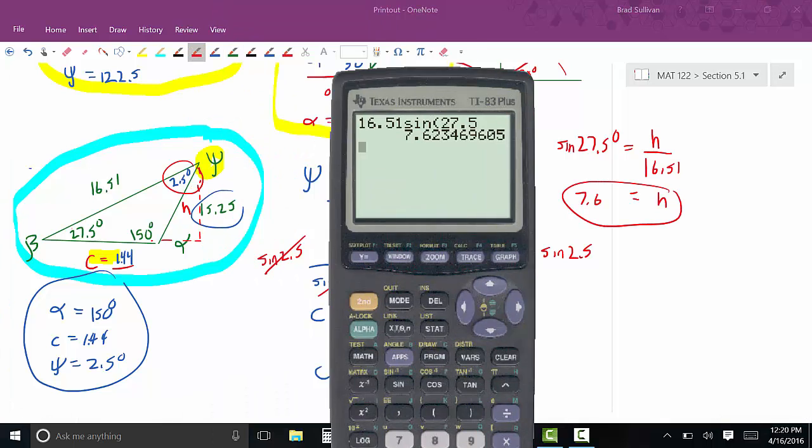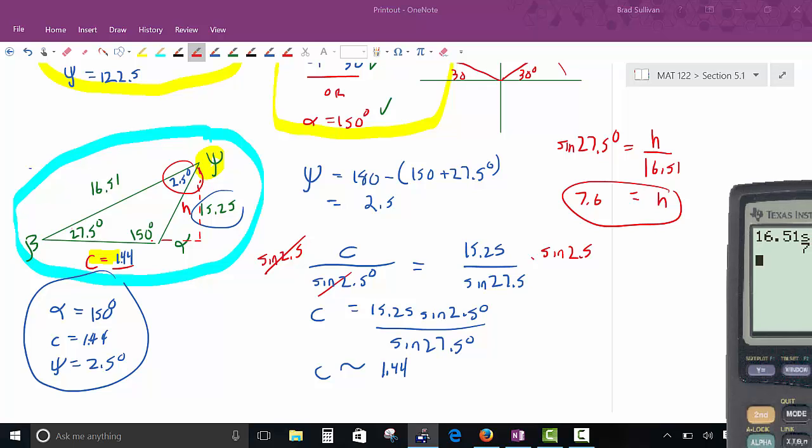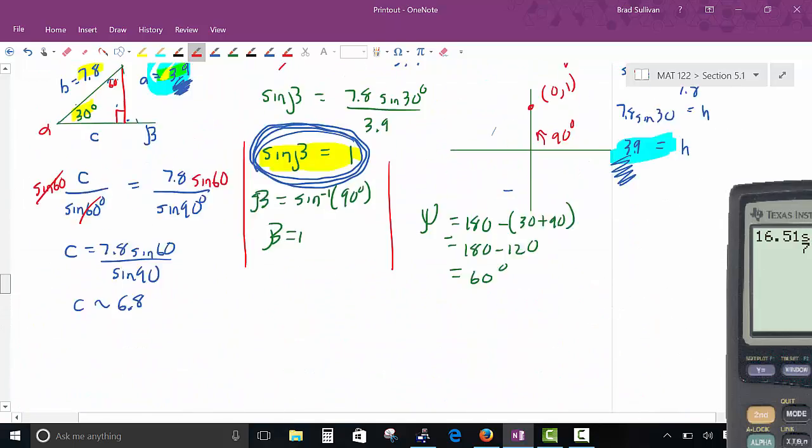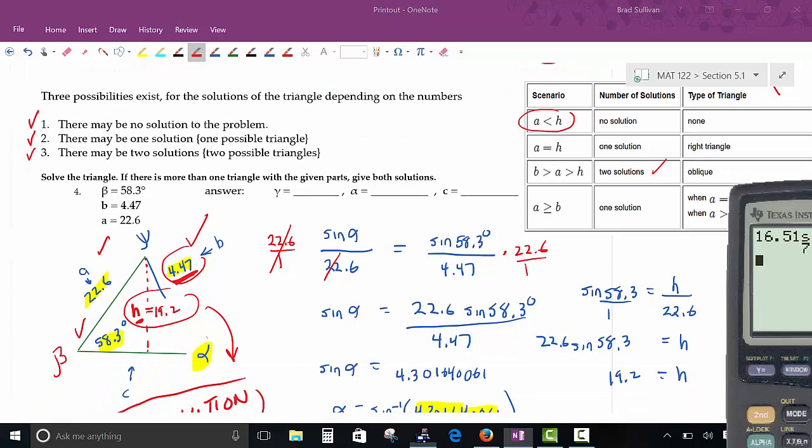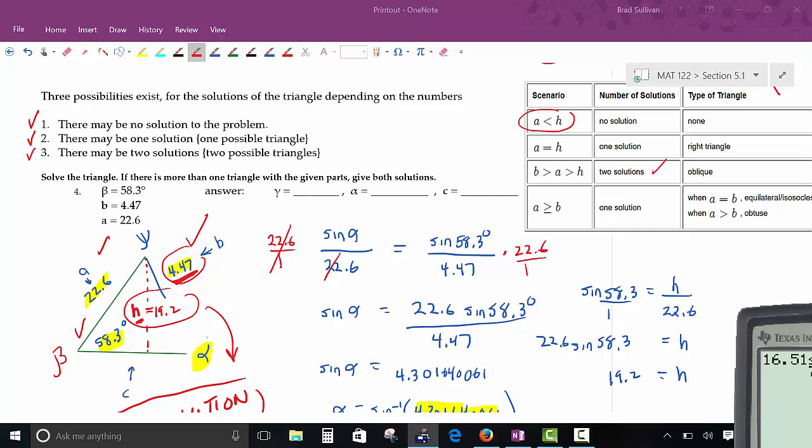So if you compare that to A and B, in this problem again, side A was given as 16.51, side B was given as 15.25, so you're going to notice that H is in the middle of those two numbers. So if you look at this table that I have up here, the two solution case generally comes from H being smaller than A and B. Okay?